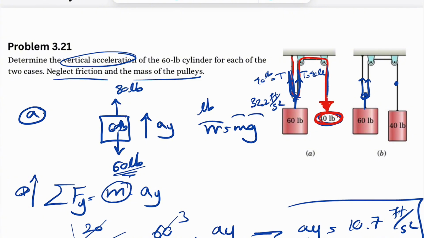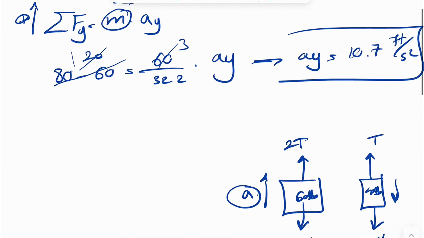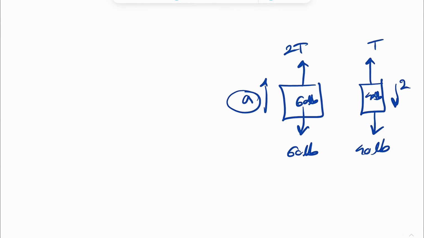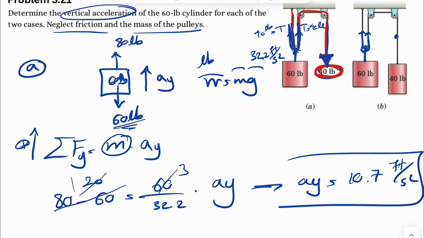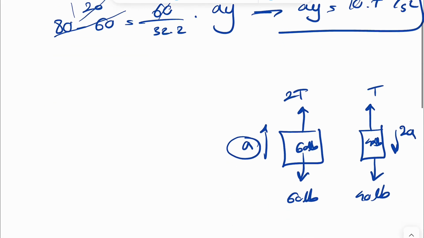The acceleration in here is going to be a little bit faster, and again, because we have 2T and 1T in here, the acceleration in here would be 2 times a, because the distance that is traveling is twice as much as the previous one. Again, we have two cables in here, so let's say we have a traveling distance of s, this will be 2s, and we know the velocity is proportional to the distance and acceleration is proportional to the velocity. That's why we have to double the acceleration for this case, and the rest is pretty simple.